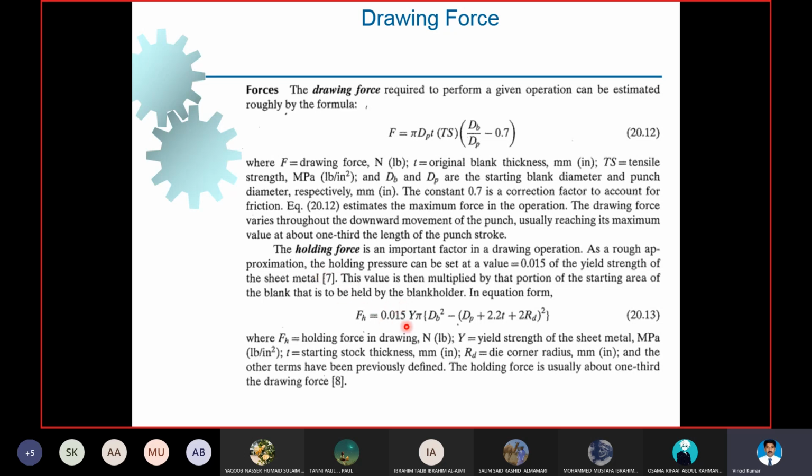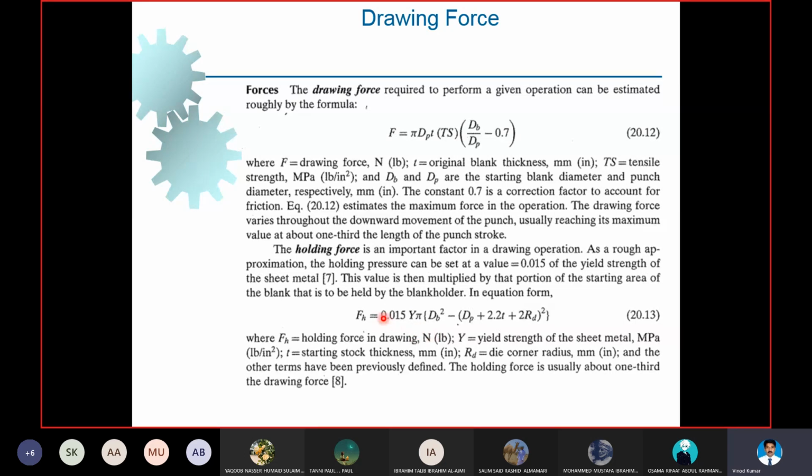So the holding force is an important factor in a drawing operation. The holding pressure can be set at a value of 0.015 of the yield strength of the sheet metal. This is a design value, multiplied by that portion of the starting area of the blank to be held by the blank holder.